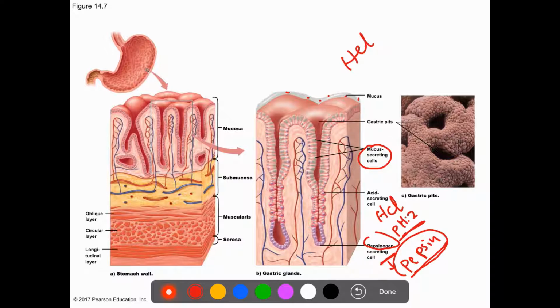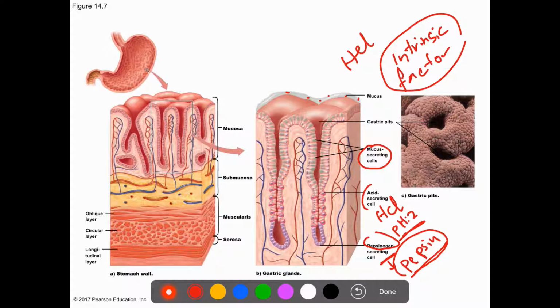Lastly, we have some special cells that secrete something called intrinsic factor. This intrinsic factor is actually produced by the same cells releasing the HCl, and intrinsic factor is important because it helps in absorbing vitamin B12.